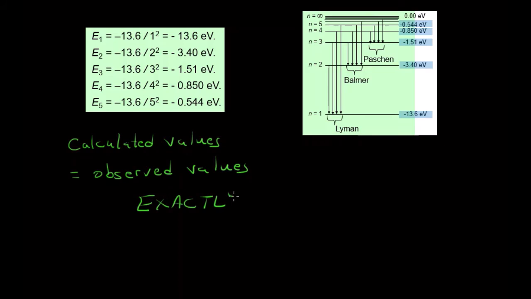Okay, so that is a very strong case that quantum mechanics is valid. This is one of the many, many proofs that they have that quantum mechanics is valid. So there's two ways to find the energies.